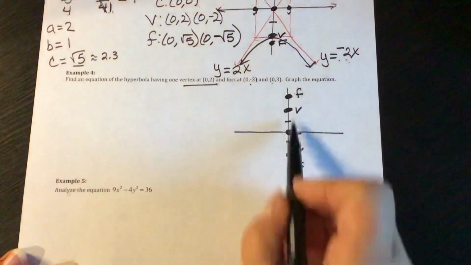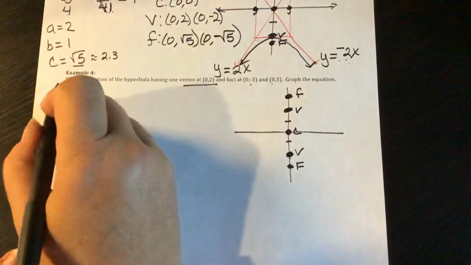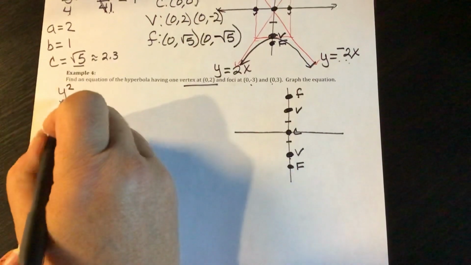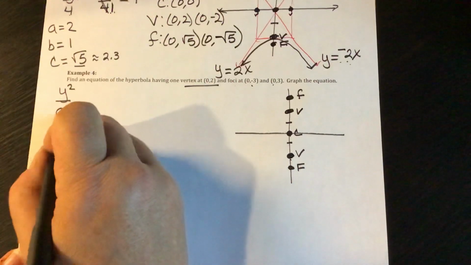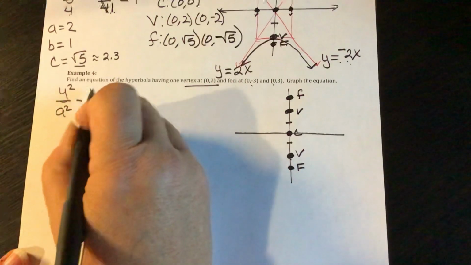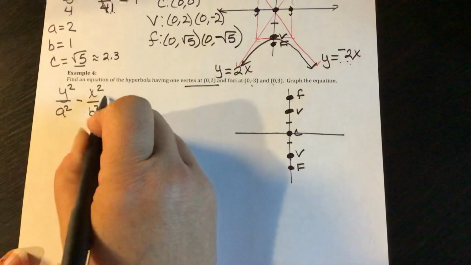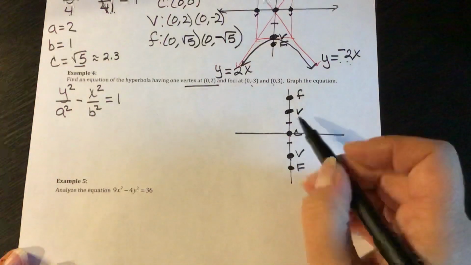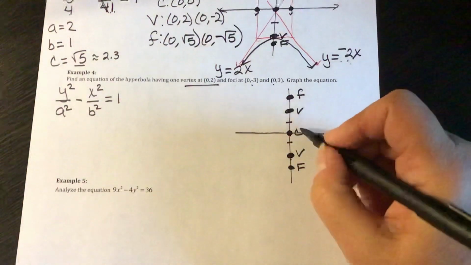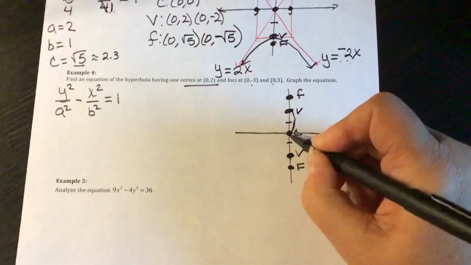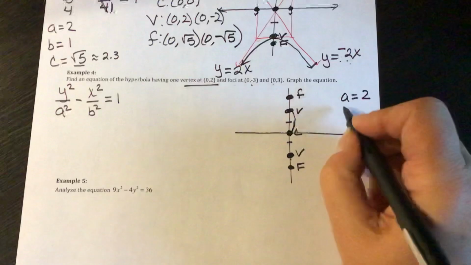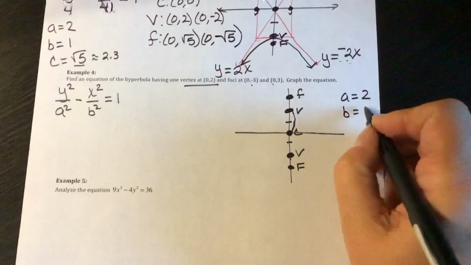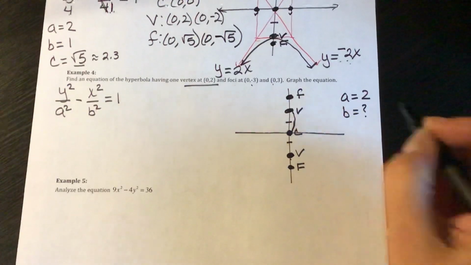Now, because my transverse axis is on the y-axis, the y goes first. So I have y squared over a squared minus x squared over b squared equals 1. And from this, I know that my a value is 2. My b value I need to find out.